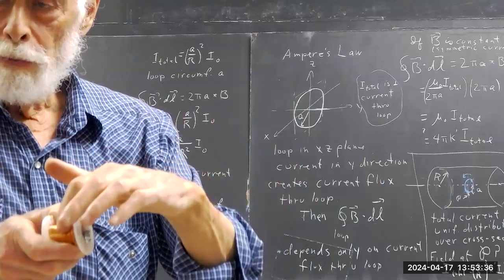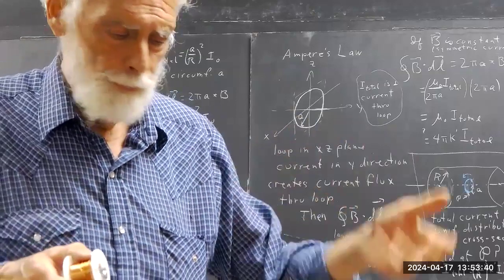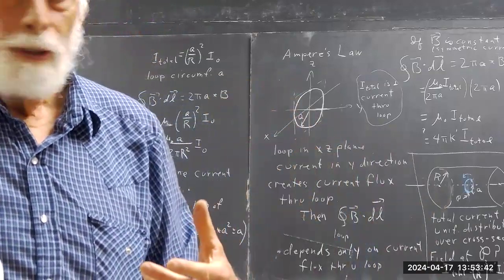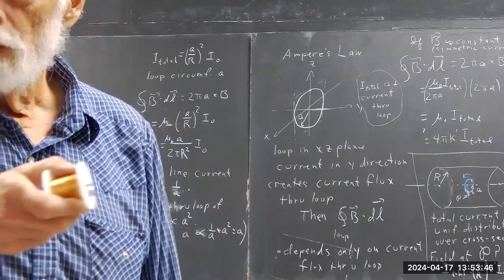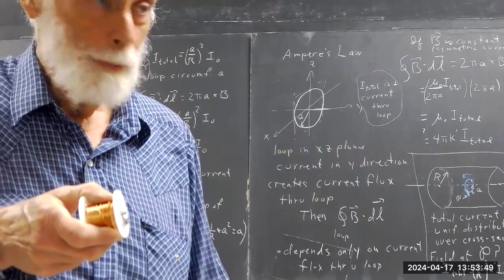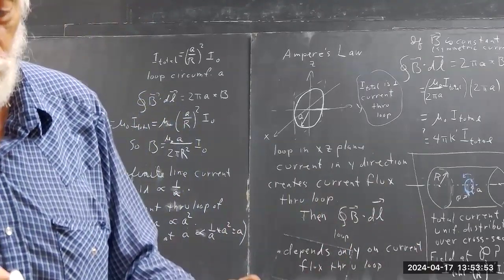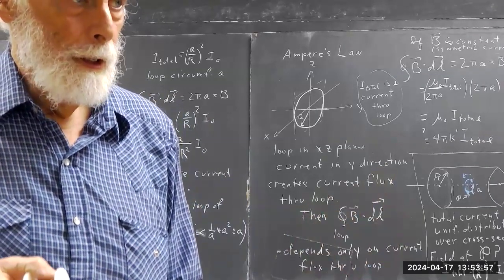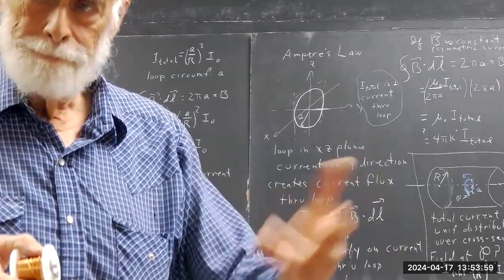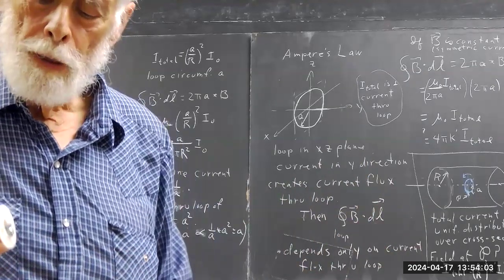The current we get with a 6 volt source with its internal resistance is enough to heat this up to where you don't want to hold it very long. It won't burn you, but it gets really uncomfortable after a few seconds. It probably gets up to 150 degrees Fahrenheit, maybe 130.